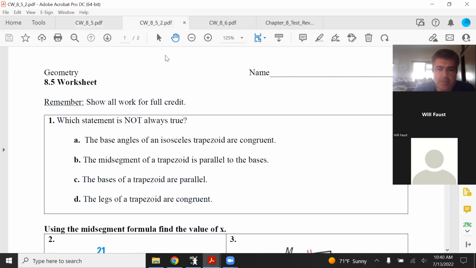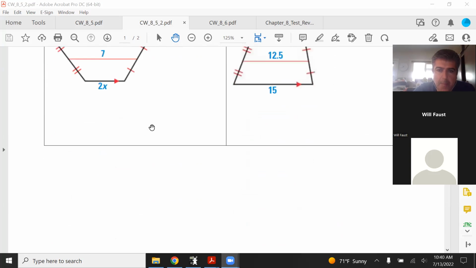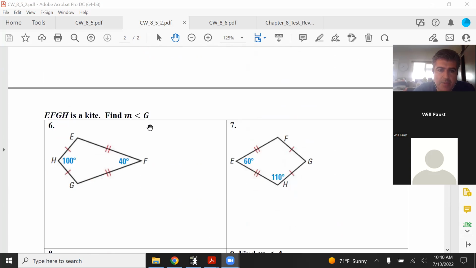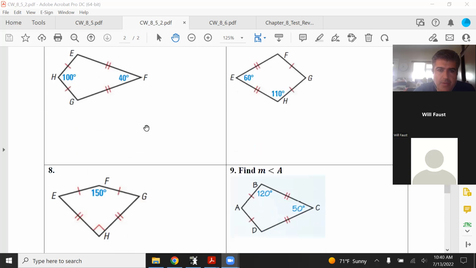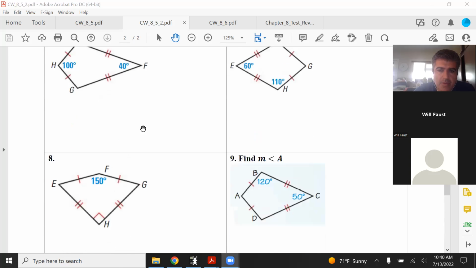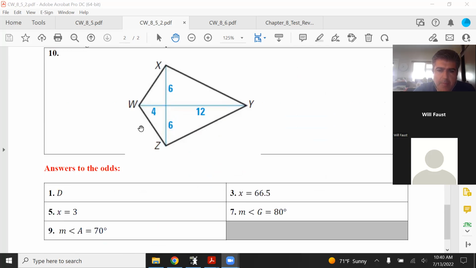So here you're being asked which statement is not always true. You have to look at all 4 of these statements. Mid-segment formula, so we'll work through that. Some stuff about kites, finding missing angles. And here they want you to find the length of the sides using Pythagorean Theorem.